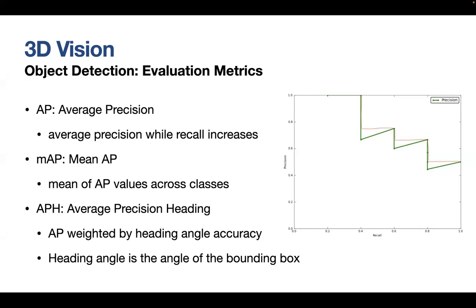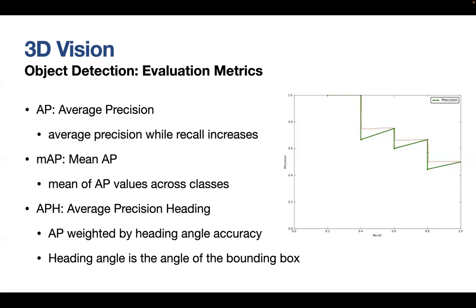Using this average precision, we can also calculate mean average precision, which is the mean of AP values across all the classes. And our specific dataset, Waymo Open Dataset, also defines average precision weighted by heading as an evaluation metric. This metric weights AP by the heading angle accuracy.